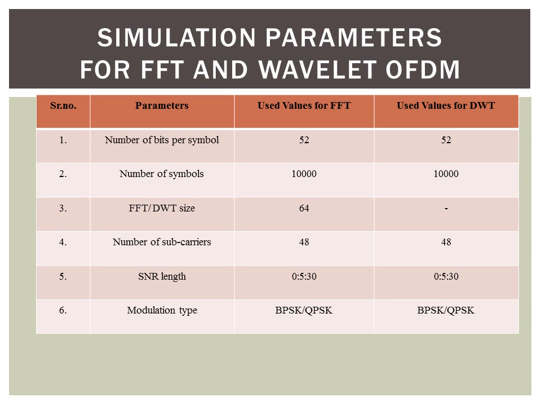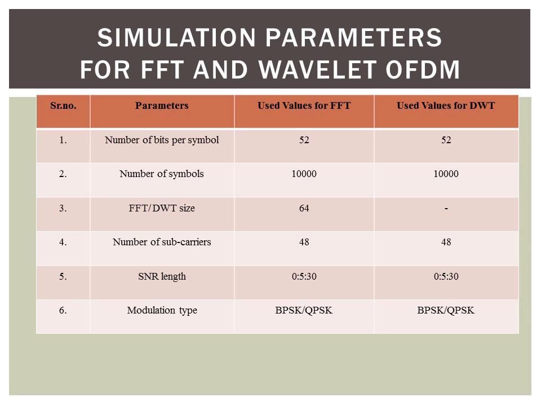Now, these are some simulation parameters used for the FFT and wavelet based OFDM system. MATLAB is the tool used for analyzing the simulation effect. The number of bits per symbol is 52, and the number of symbols passed through the system is 10,000.